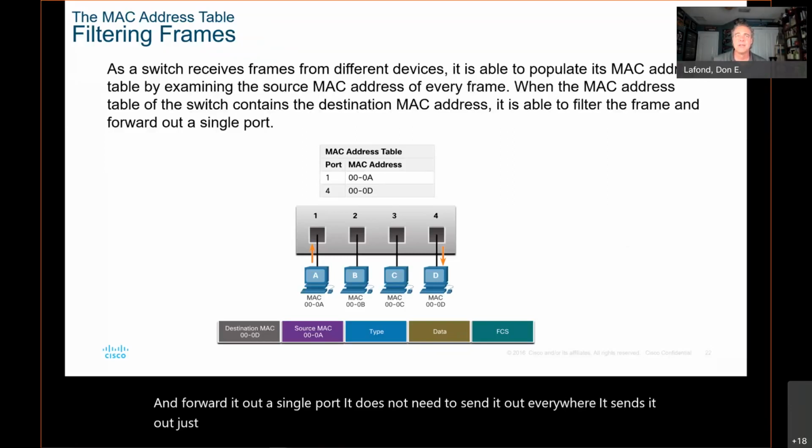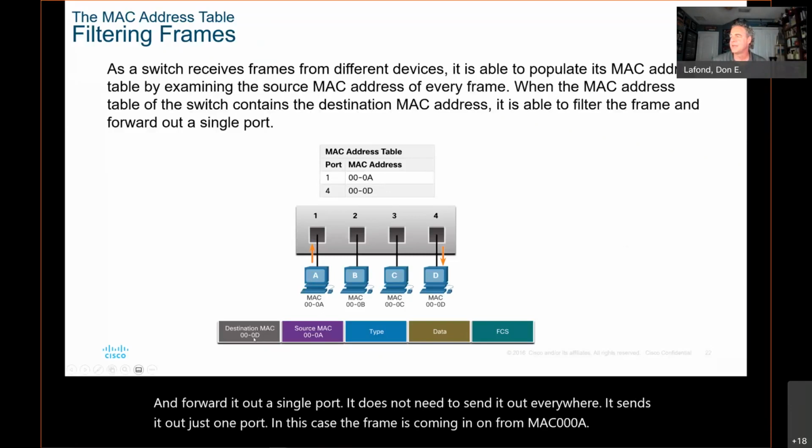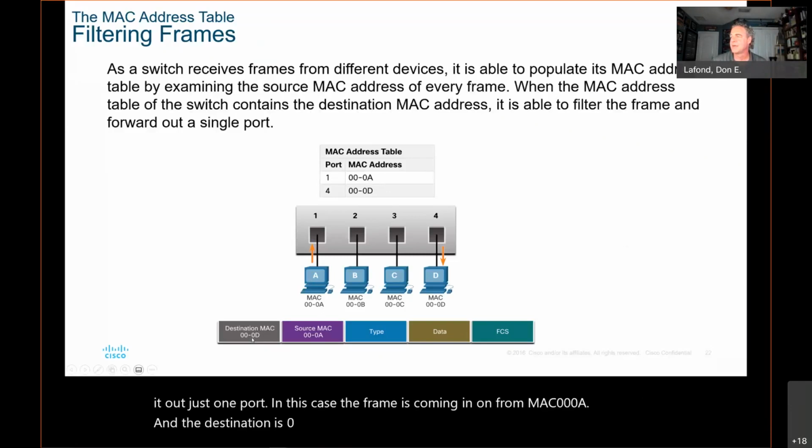In this case, the frame is coming in from MAC 000A, and the destination is 000D over here. So it comes in port 1, and it is not flooded because it knows where to send it. It sends it to D directly.